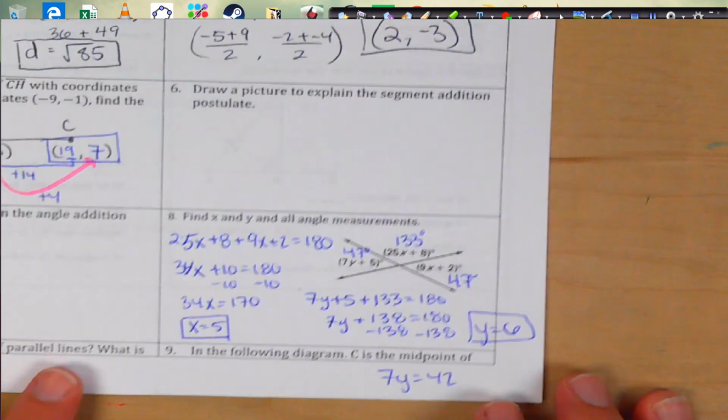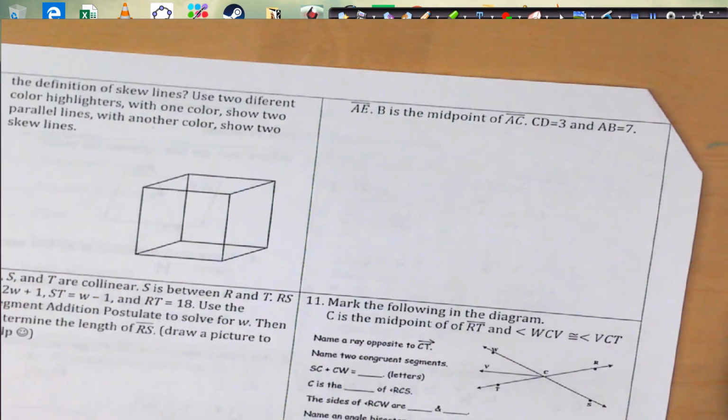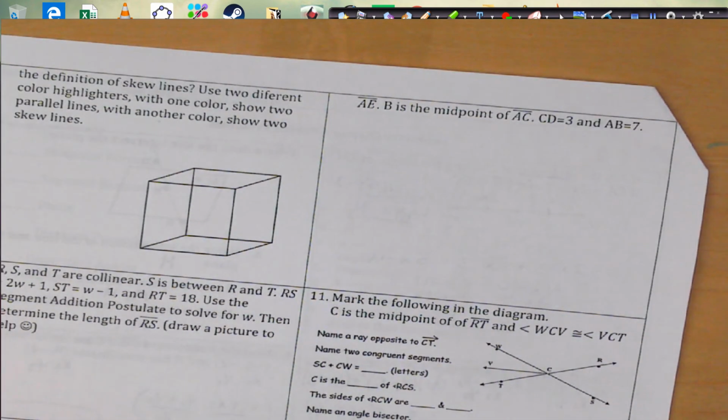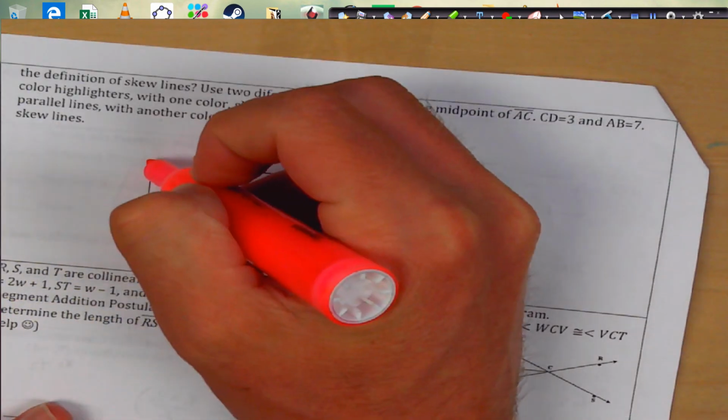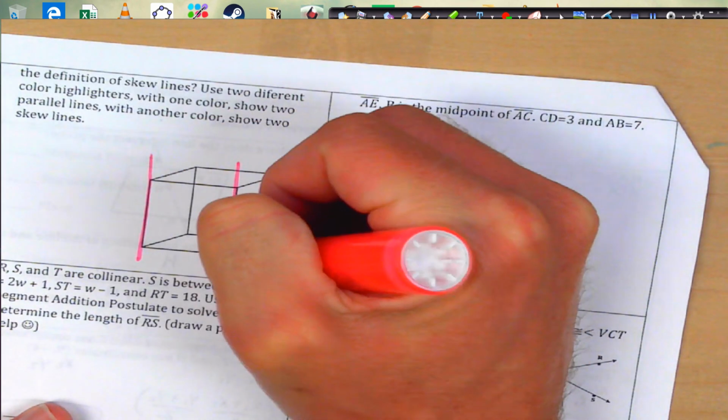All right, what's the definition of parallel? What is the definition of skew? Use two different colors, one color to show two parallel lines, another color for skew. Okay, so parallel, pretty easy. Parallel lines never meet, but they're on the same plane. So these two pink are on the same plane in the front.